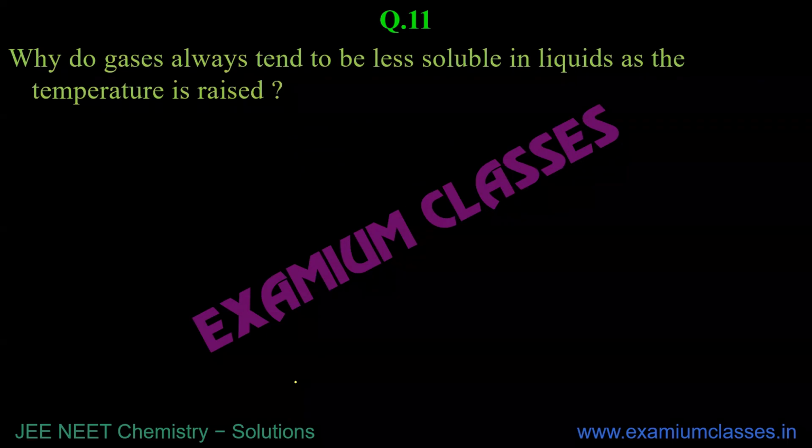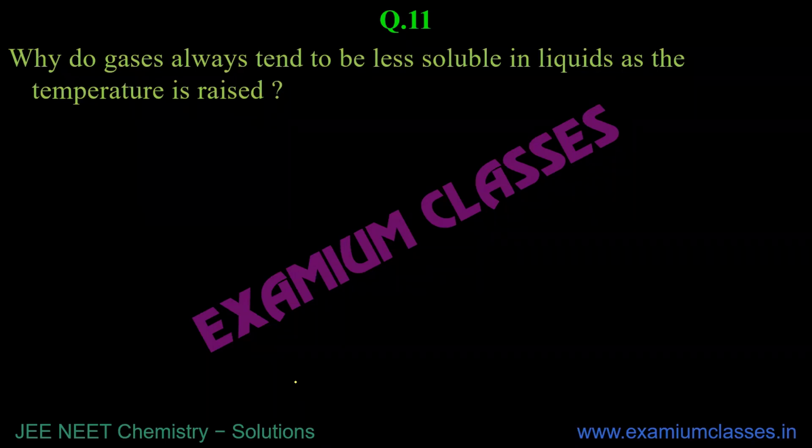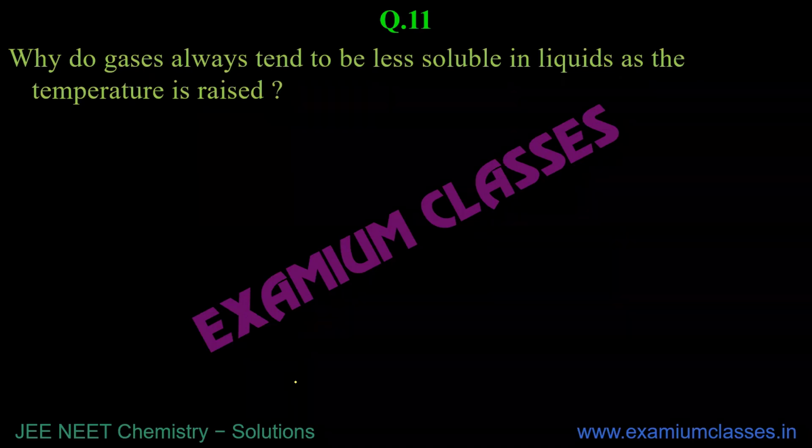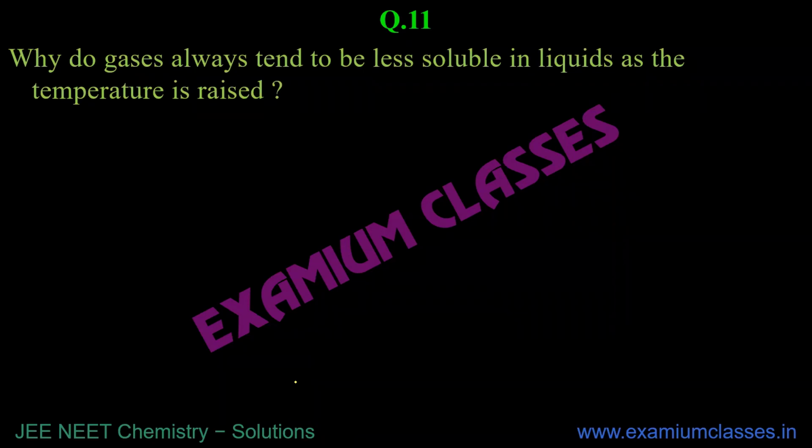Now the next question. Why do gases always tend to be less soluble in liquids as the temperature is raised? When we raise the temperature, for example, carbon dioxide from the soda will come out. Why is it so? The answer you will be writing is because when gases are dissolved in liquid, it is an exothermic process.